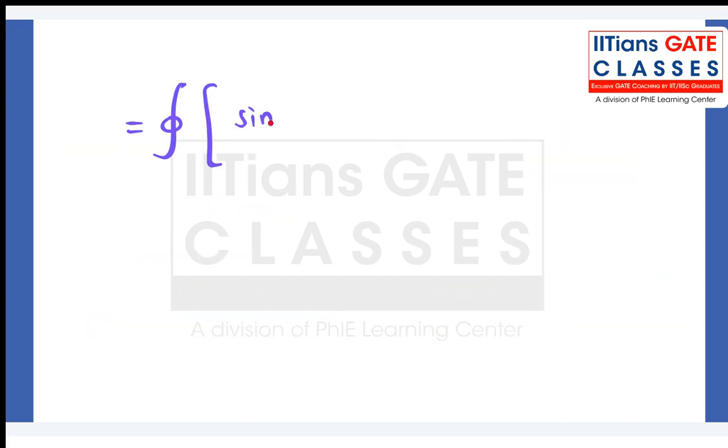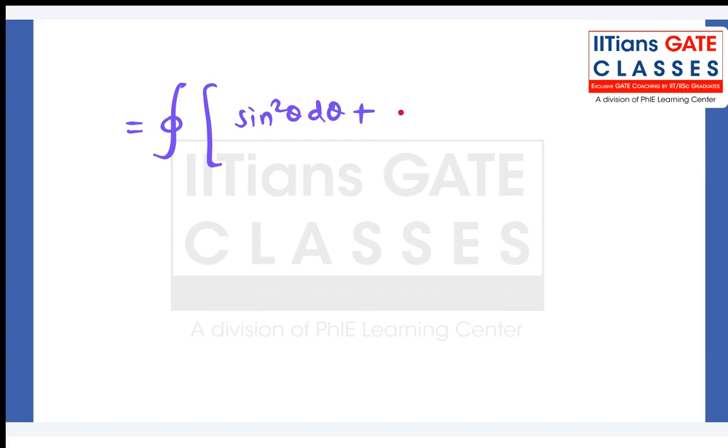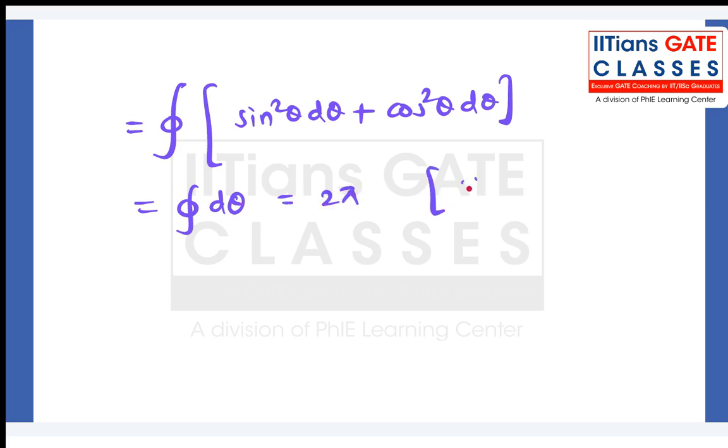From the second term, again r square gets cancelled, and cos theta into cos theta, so that will be cos square theta d theta. And then sine square theta plus cos square theta is 1. So this is just integrating your theta along the circle, and that is just 2 pi, right? Because theta is varying between 0 to 2 pi.